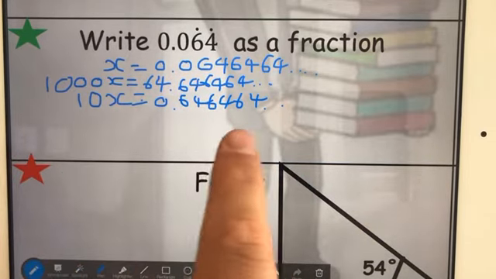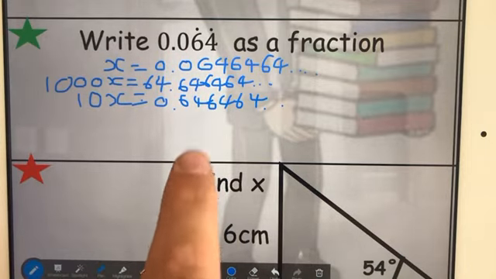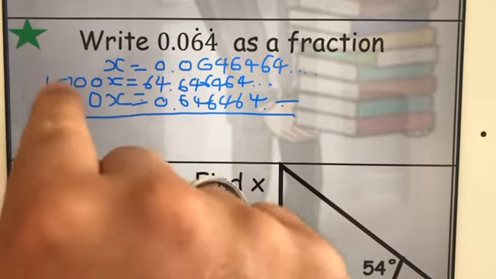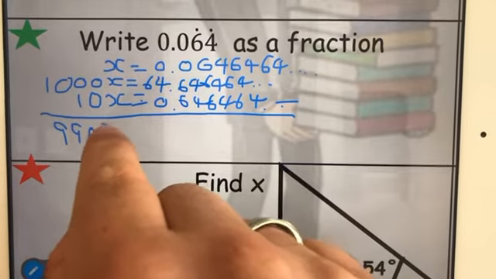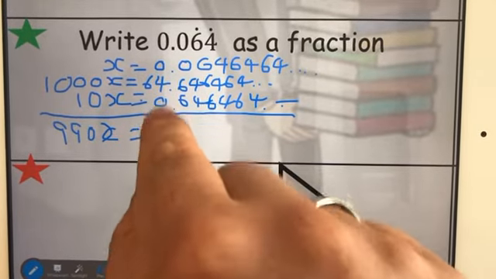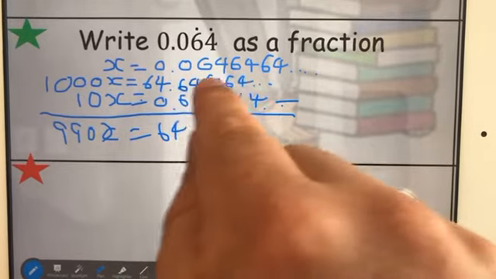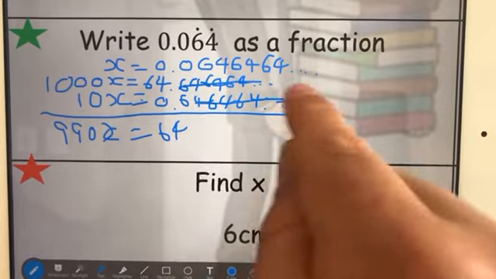1000x equals 64.646464. 10x equals 0.6464. If I take them away, 1000 take away 10 is 990. 64 take away 0 is 64. 64 take away 64, all these bits on the end, what you'll find is they cancel each other out.